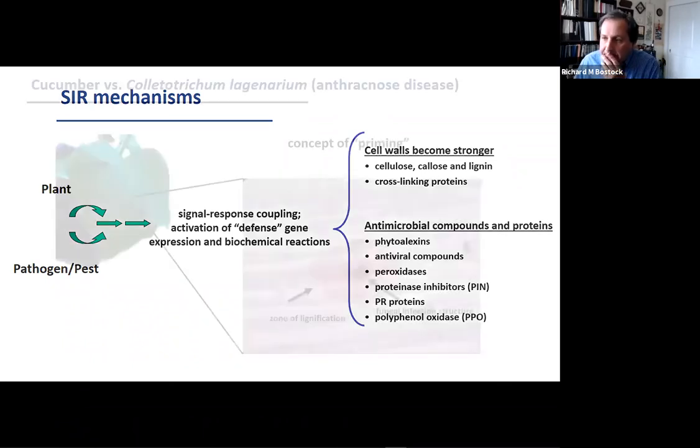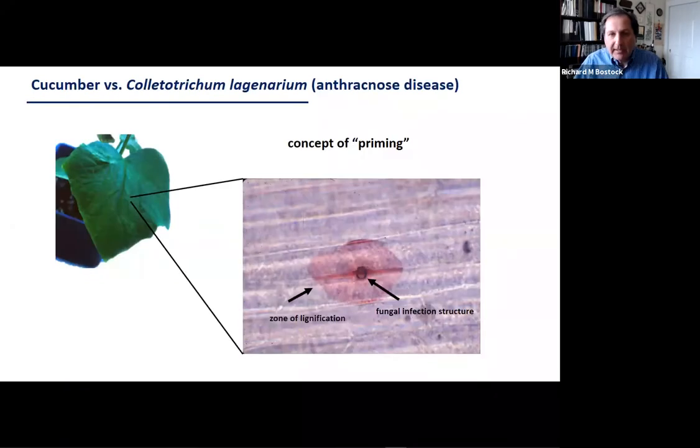Now, something that's really important here about how this all works is that it's not necessarily that all these things are produced at once, because if that were the case, it probably would not be a good thing for the plant, because some of these antimicrobial compounds are actually bad for the plant. They'll kill plant cells as well. They're phytotoxic. So what I want to get across to you here is this concept of priming.